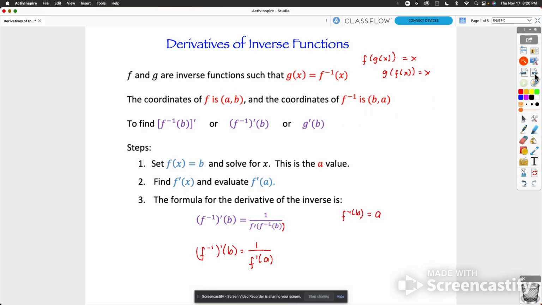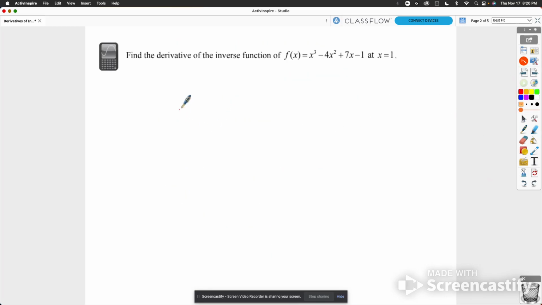Let's take one example. Find the derivative of the inverse function of f of x equals x cubed minus 4x squared plus 7x minus 1 at x equals 1. So this is the b value. That is the y value of the original function.